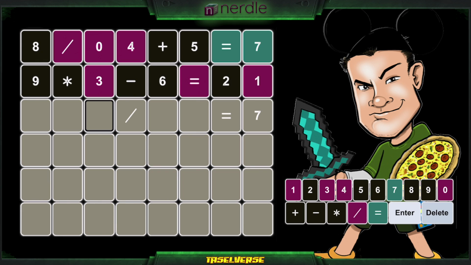So 7 has to equal 7. Okay, so the first number's got to be fairly high. I mean, actually, no, it doesn't. It could be a 1. So 7 times... What did I say? 7 times... Oh, no, because we needed that 1 here. So if we do 3, 7... So that equals a 1.